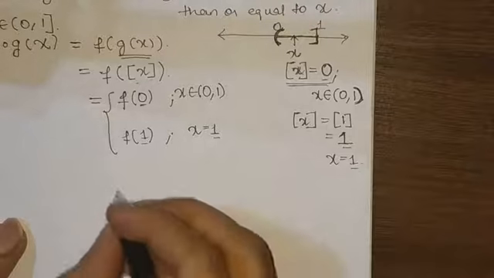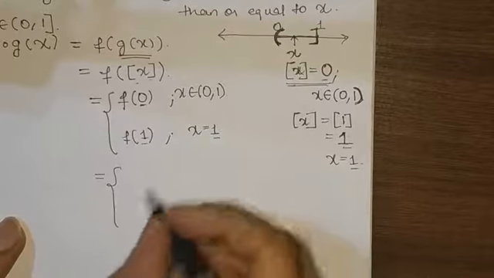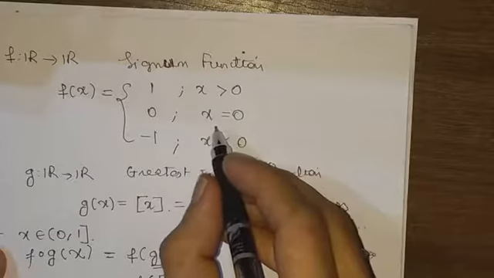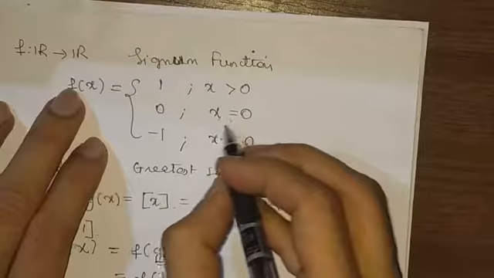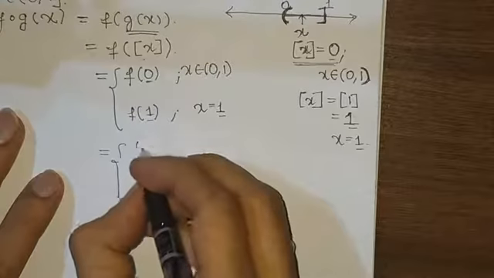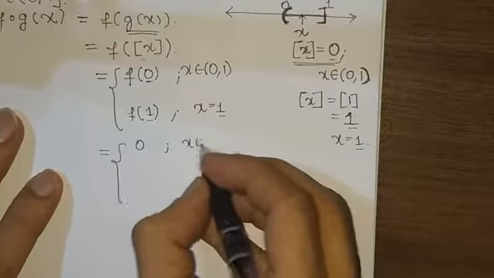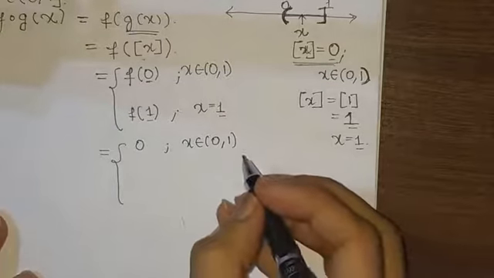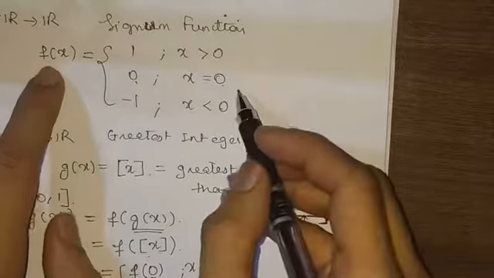So like that. Now if you look at this, f of 0 will be what? Now you look at the definition of f. So f of 0 is 0, right? So this is 0 when x belongs to open 0, 1 open. Then f of 1 is what?